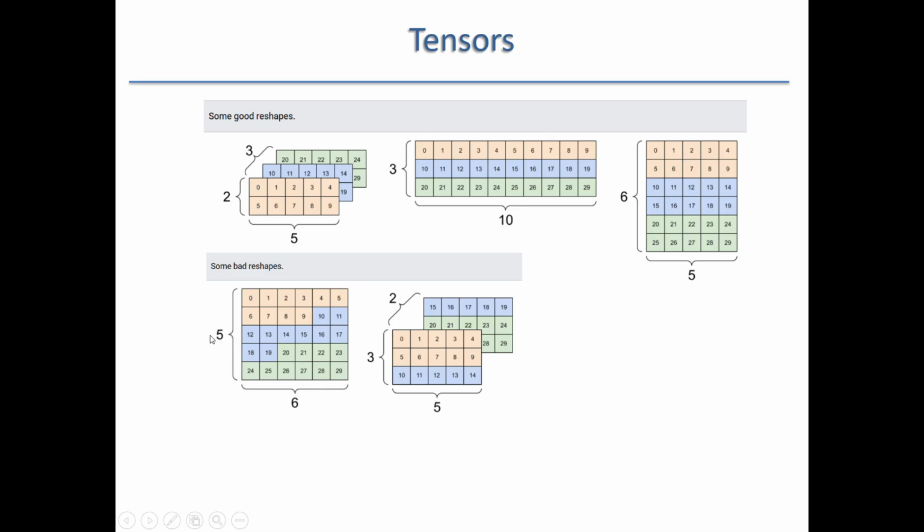But if we do 5 by 6, for instance, then you see that the indexes now look awkward. We still have the 30 numbers, but this arrangement in the array does not conform to the original arrangement of numbers in the original tensor. The same here. You can do a reshaping swapping 2 and 3, so the 5 stays in the same location while the 2 and 3 swap.